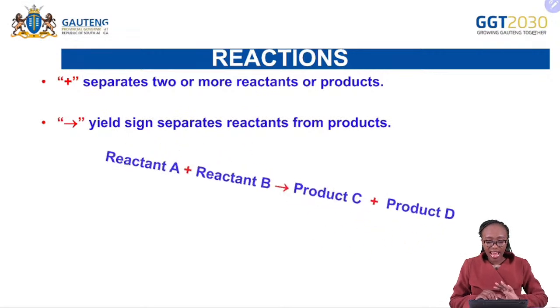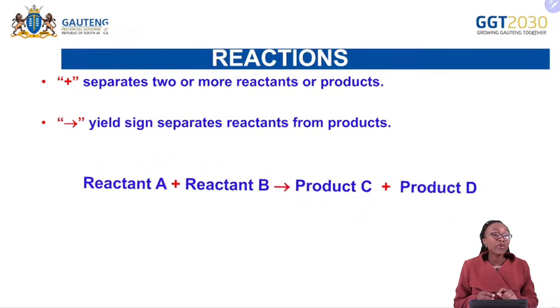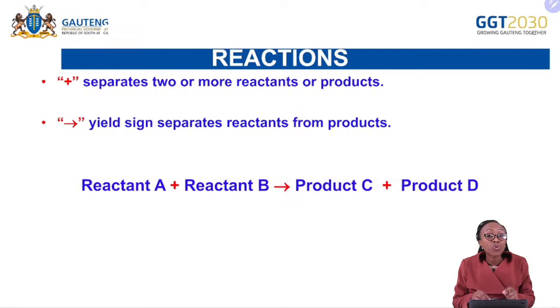So I have a chemical equation. Remember we said by the end of today's lesson, we're going to be able to identify a chemical reaction and explain and describe it. A chemical equation is a symbolic representation of a chemical reaction.